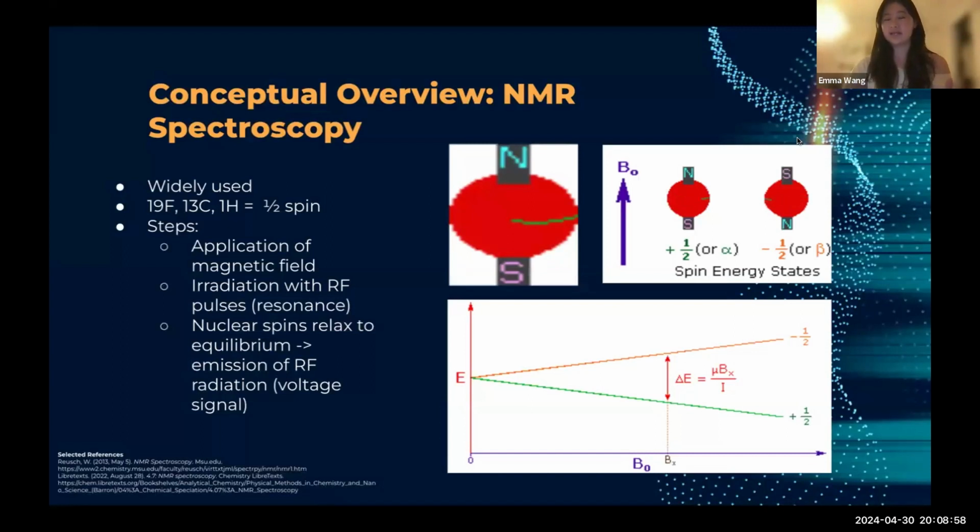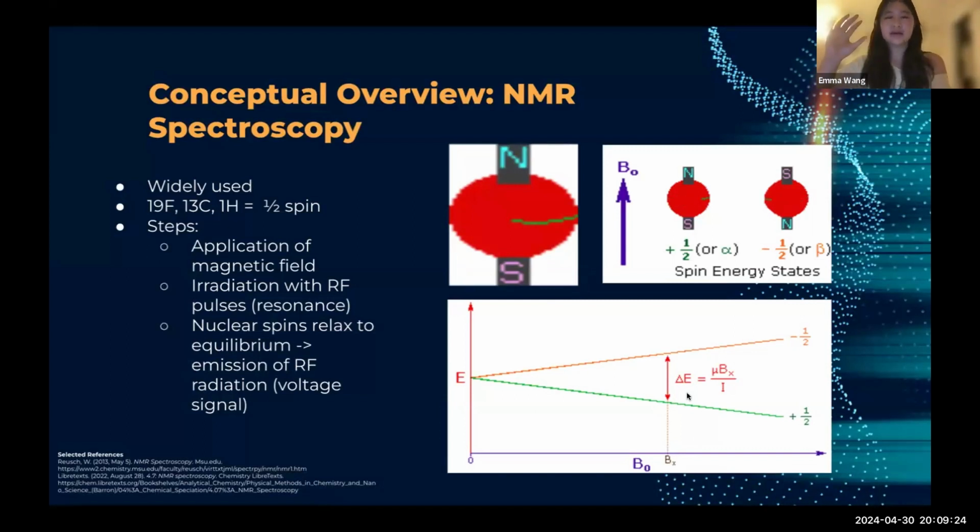So likewise, the increase in B naught will lead to a greater delta E, the difference between the alpha and the beta spin states. And based on what delta E is, here on the bottom image, you can see that this top line, the orange one, is the alpha spin state, and then the bottom one is the beta. And yeah, delta E is just the difference between them.